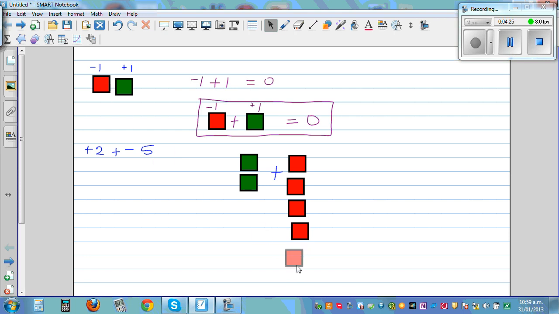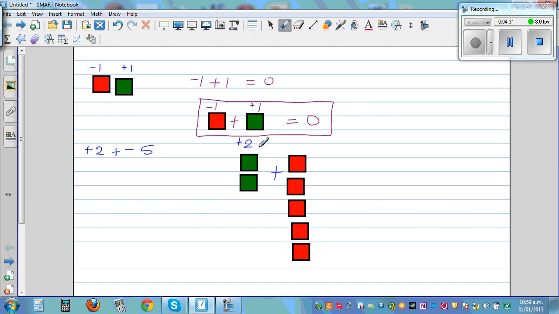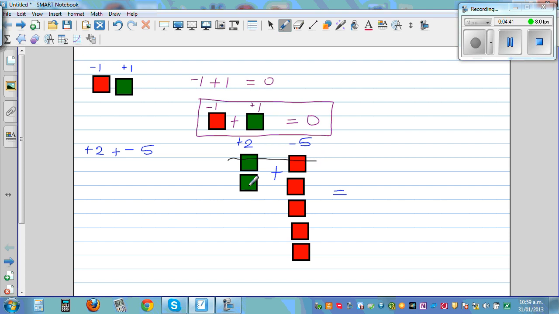So this is +2, 2 green tiles, plus -5. What's the answer? This and this cancel each other out, so this is 0, and this is 0, and these two cancel each other out, that is 0. So what is remaining? You got 3 red tiles. That means your answer is -3.